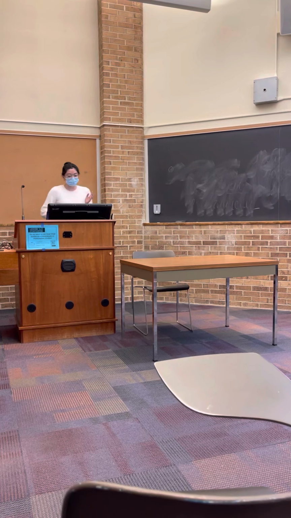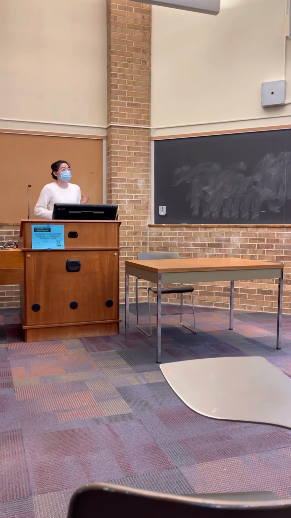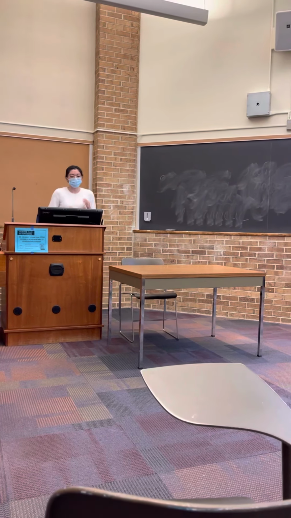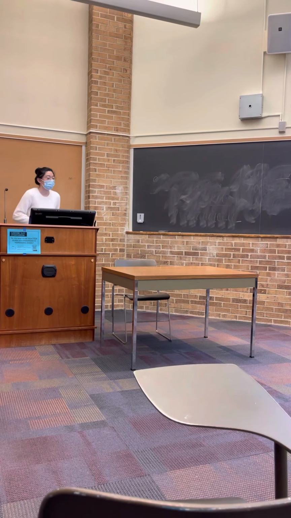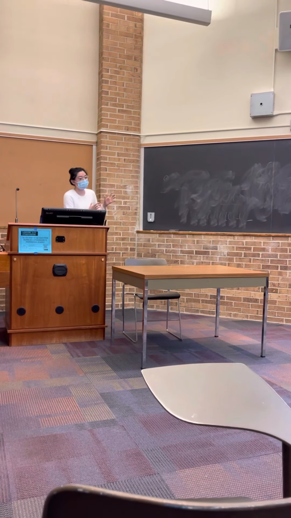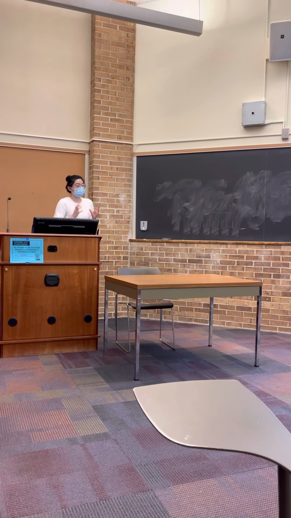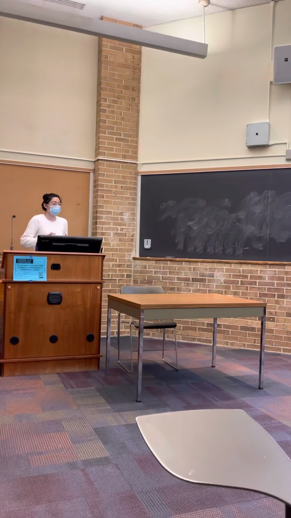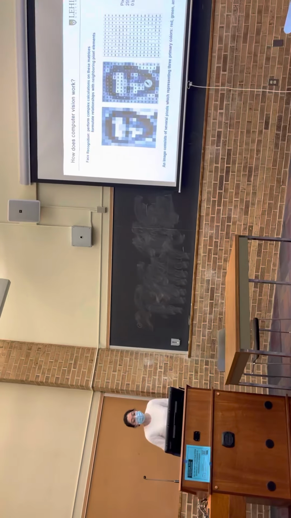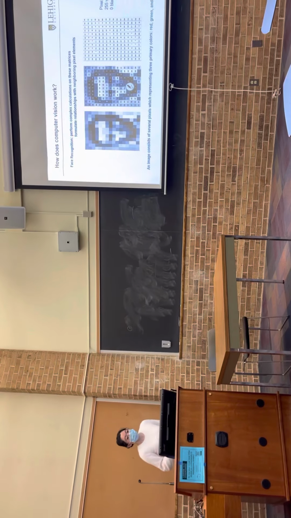To give you a more detailed sense of how computer vision works, here is a specific example. This is how an image looks in our computer. When you see a human face image, you think, oh, this is a face. But in the computer, the data is stored in pixels.